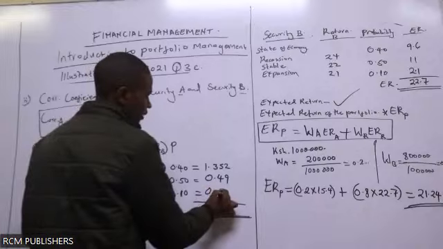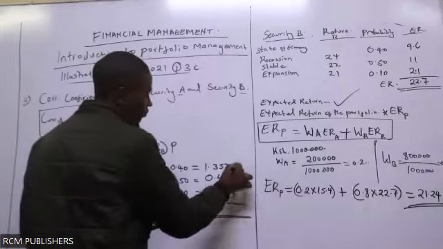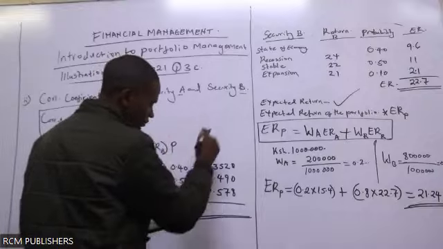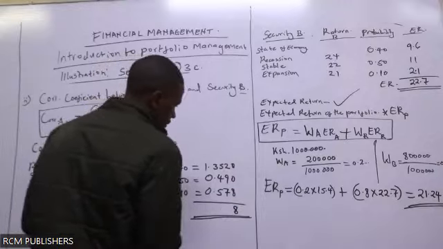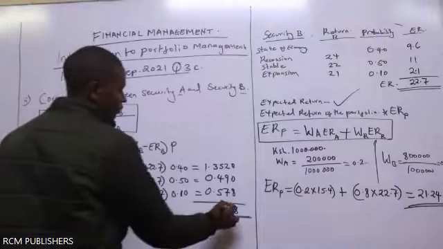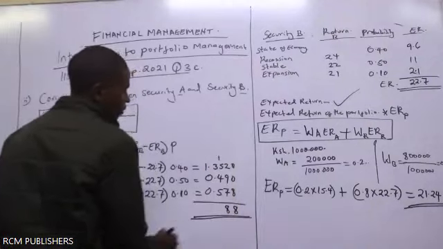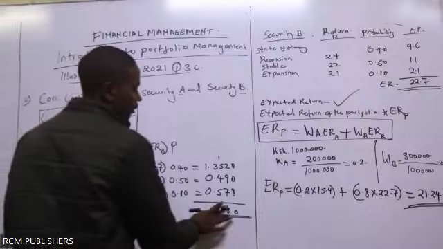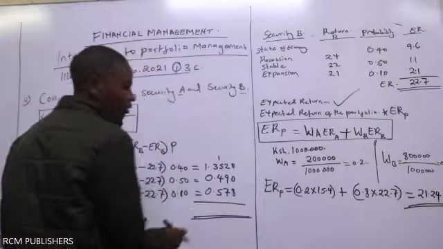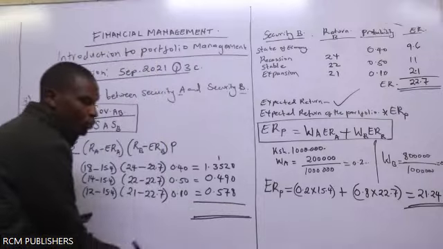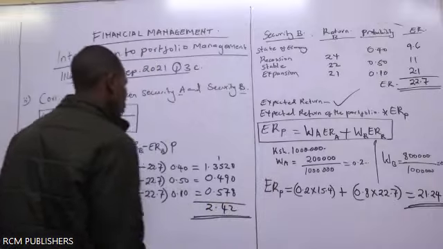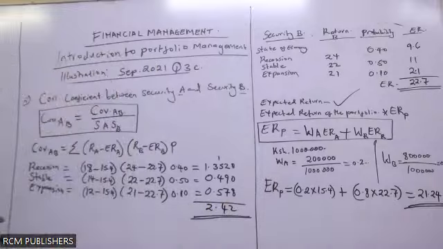So add these for me. The total is 2.42. That is our covariance.